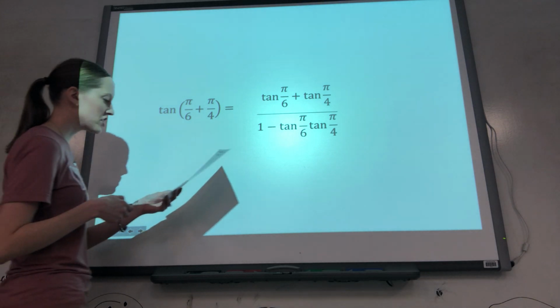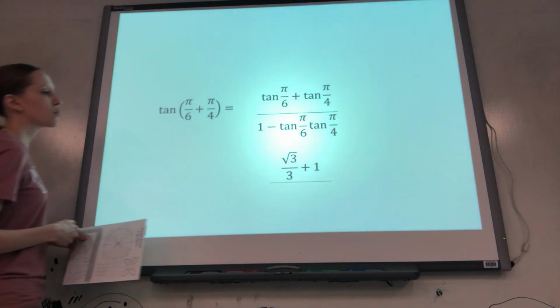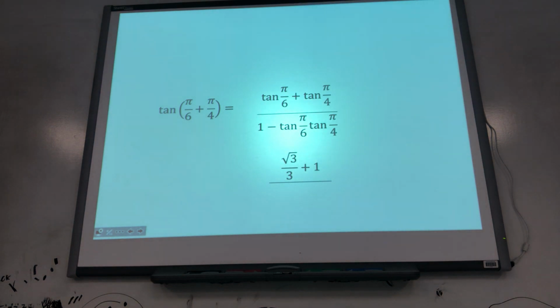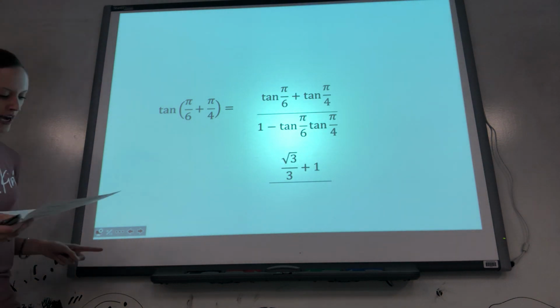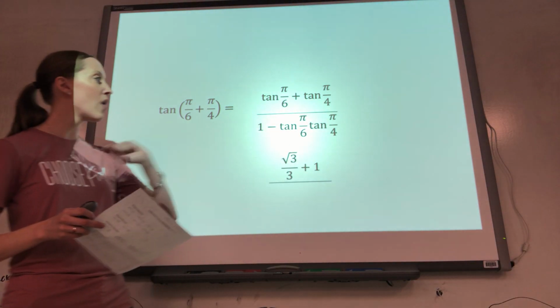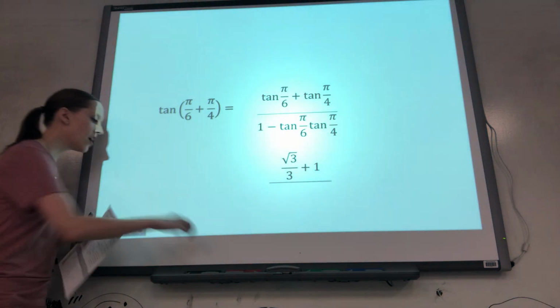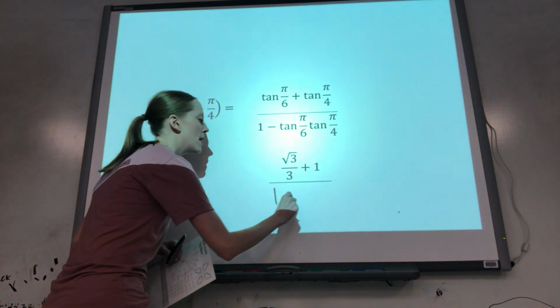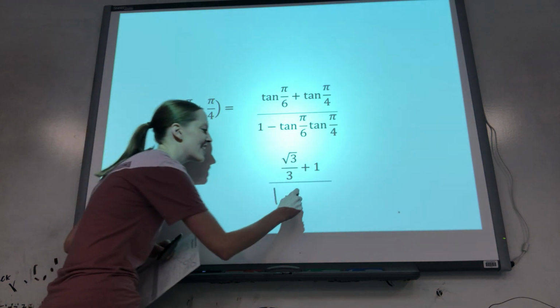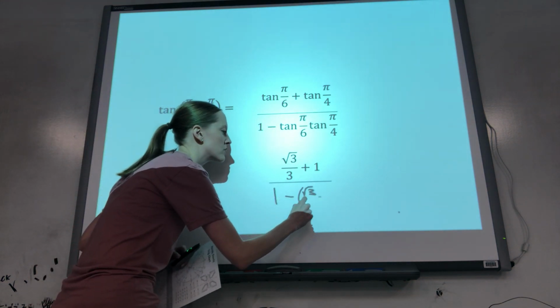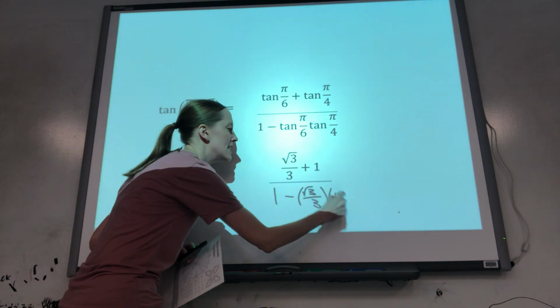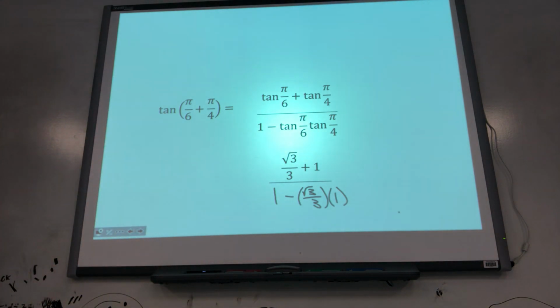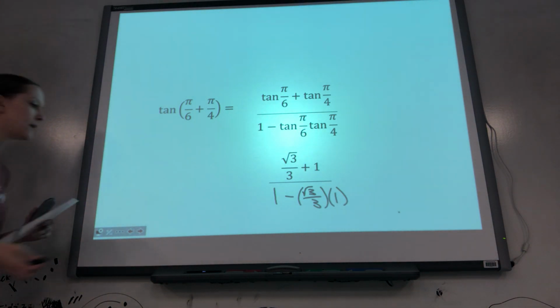Okay, well, tangent of pi over 6 is radical 3 over 3. Then tangent of pi over 4 is 1, all over 1 minus tangent of pi over 6, which is radical 3 over 3, times tangent of pi over 4, which is 1.